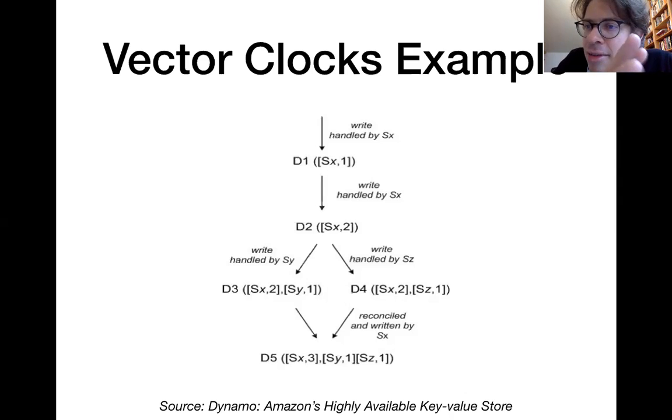Now let's say there is another update to the object, which is also handled by the same server SX. So we get the version D2 of the object, and our counter for SX increases. So we get the vector clock SX to 2.